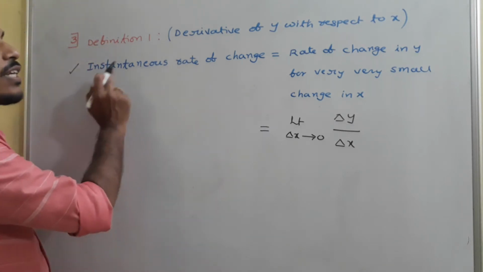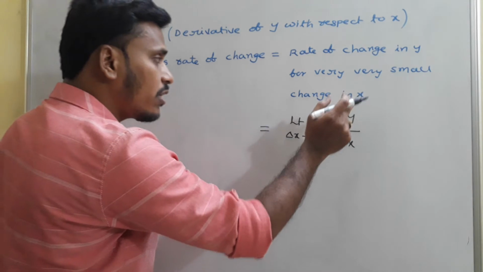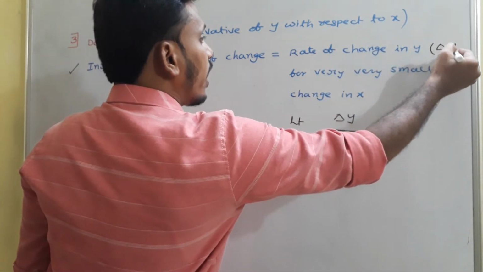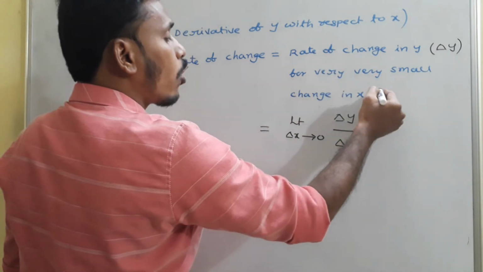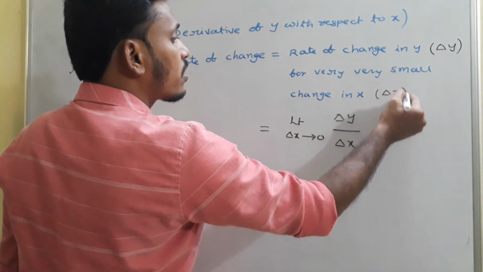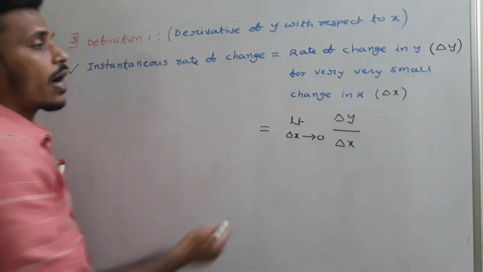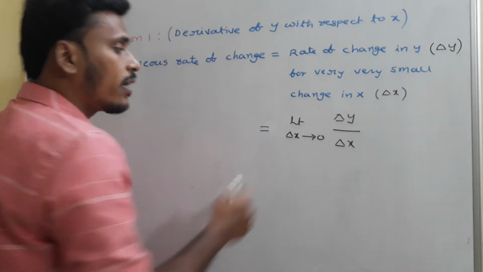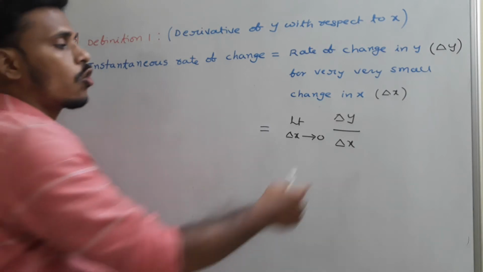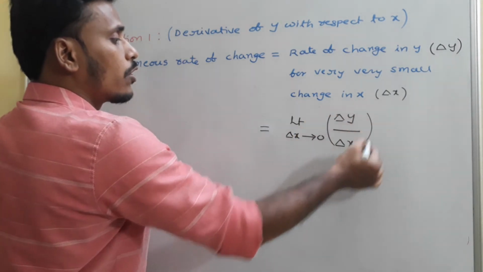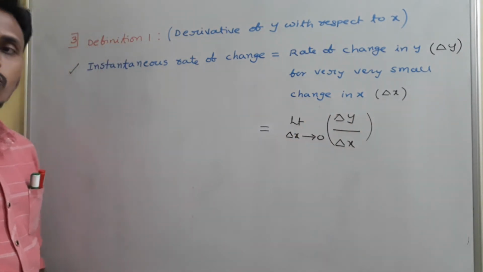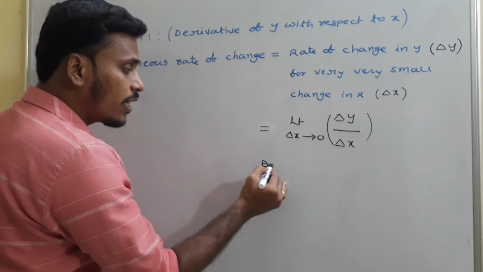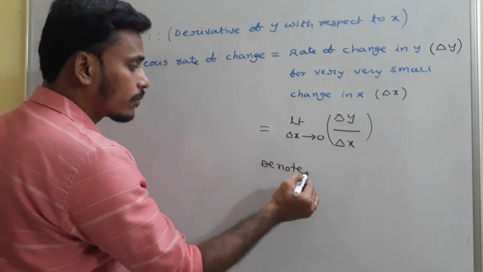At the end, instantaneous rate of change is the rate of change in y, that is delta y, for very small change in x, and change in x is simply delta x. So you just apply limit delta x tends to 0 on this rate of change.